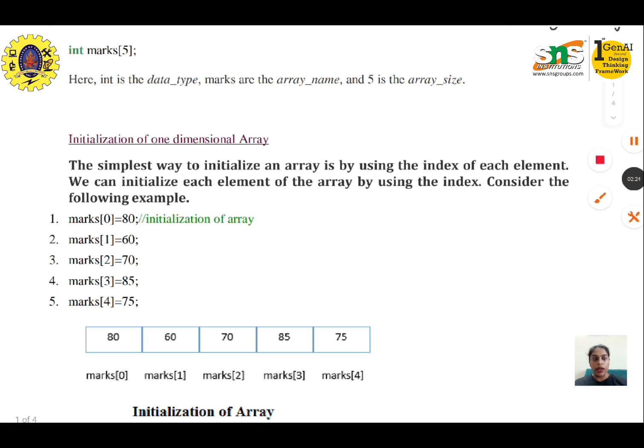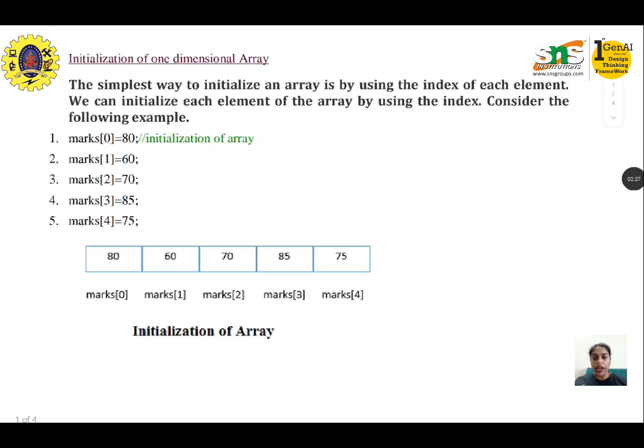We can initialize the array by assigning the values using the index. Each index in the array represents a specific position starting from 0.